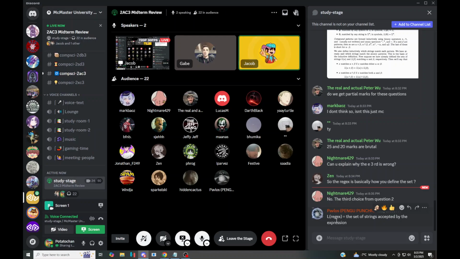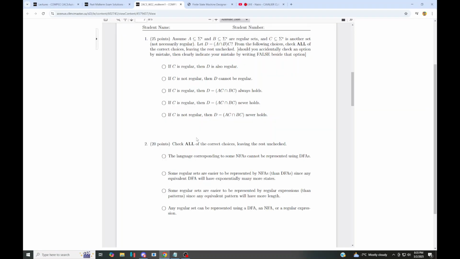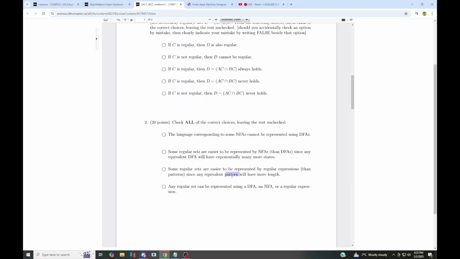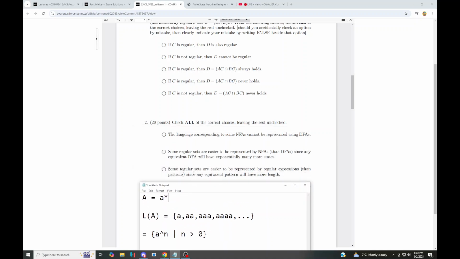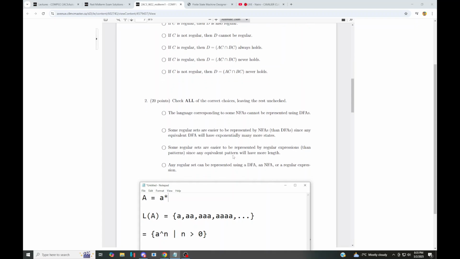Yeah, the language of the regular expression, the third choice from question 2. Oh, okay, yeah. Again, I don't know how important patterns are to actually know, but a pattern seems to be a regular expression with more symbols. If you have a regular expression that represents your language, and you're trying to represent it as a pattern, why wouldn't you just use the exact same expression?